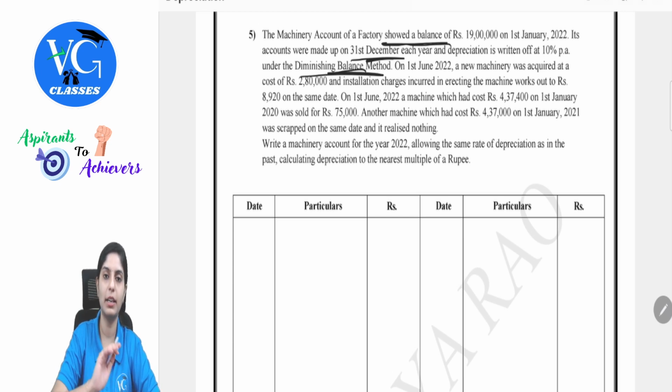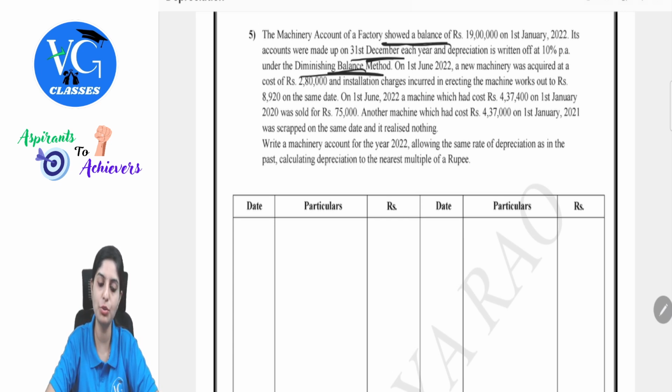So this is very important to observe here. On 1st June 2022, a new machinery was acquired at a cost of 2,80,000 and installation charges incurred in erecting the machine works out to 8,920 on the same date. On 1st June 2022, a machine which had cost 4,37,400 on 1st Jan 2020 was sold for 75,000.